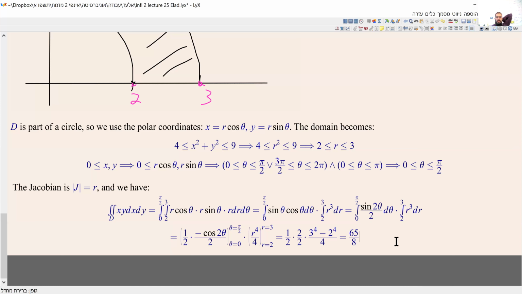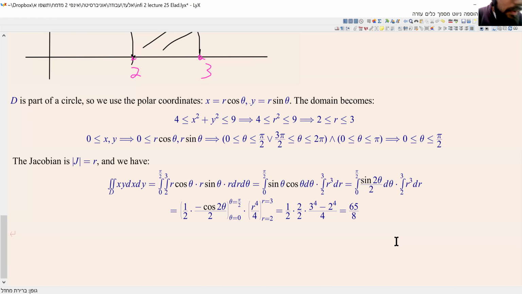Okay, so let's go for another example for the polar coordinates, and then talk about the exam, when you can call it a day. We have a different example here.